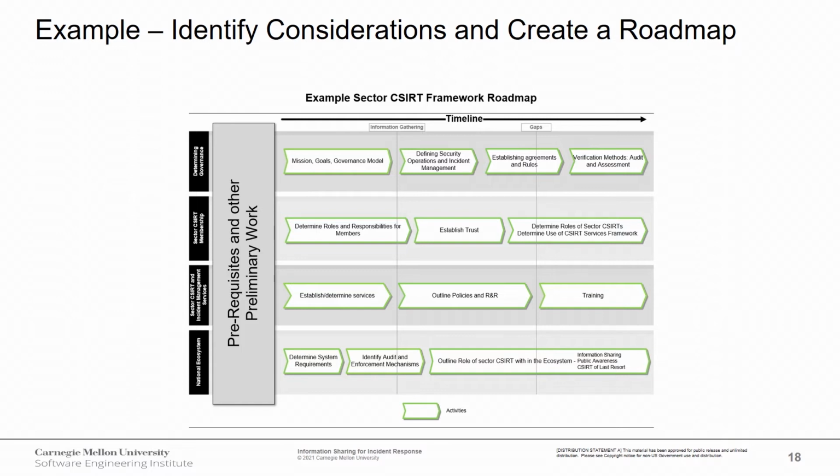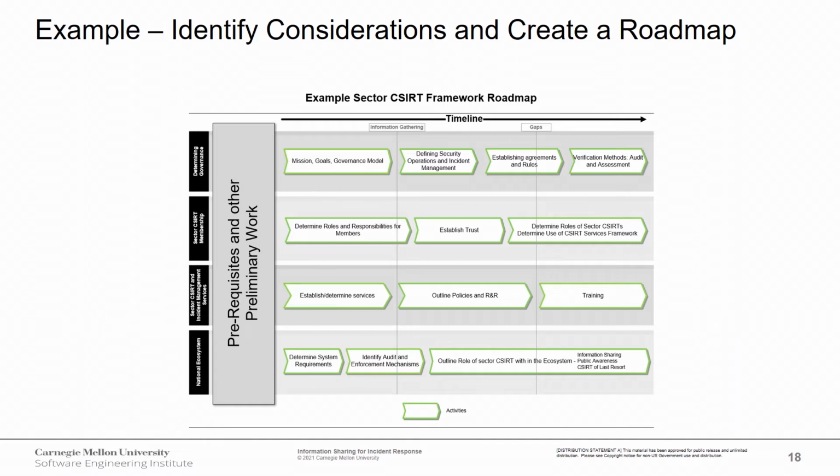So let's look at this one here. This is determining the services, which I already mentioned a little bit. So at the beginning of the process, when we're doing all these prerequisites in this preliminary work, what we want to do is evaluate and determine the services that are already being provided by other members of the national ecosystem, and then discuss what services it might be beneficial for the sector CSIRT to offer.